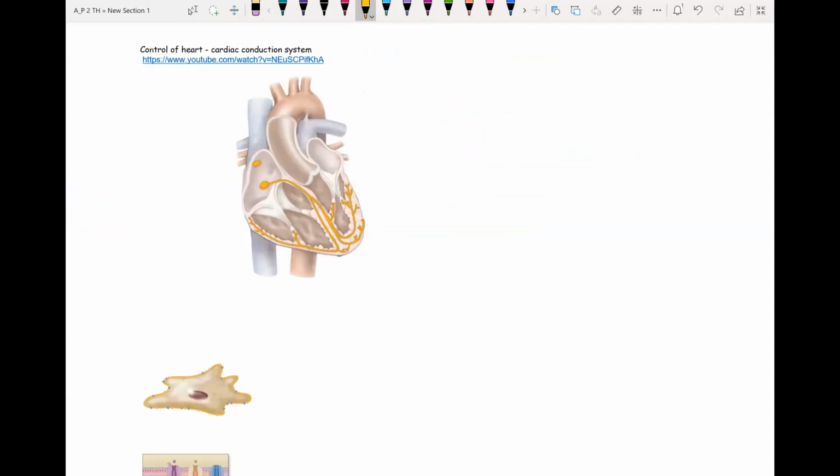You've learned some of the features of the muscle of the heart. Now let's look at the nervous tissue in the heart. The heart is autorhythmic. This means it stimulates itself to beat.